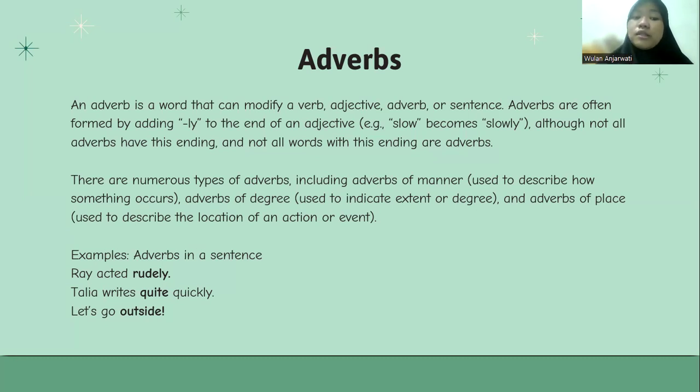And there are numerous types of adverbs, including adverbs of manner, used to describe how something occurs, adverbs of degree, used to indicate extent or degree, and adverbs of place, used to describe the location of an action or event, like this. Ray ate rudely, and Talia writes quite quickly, and let's go outside.